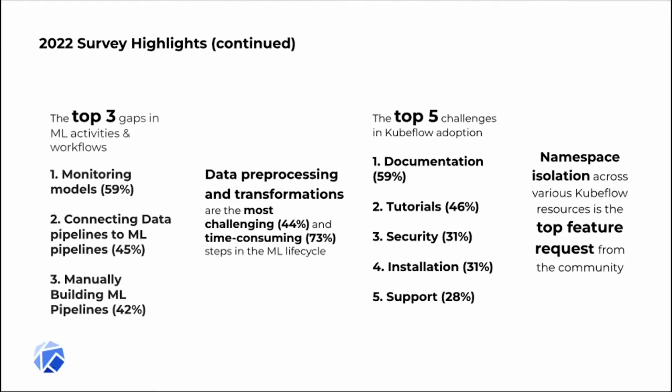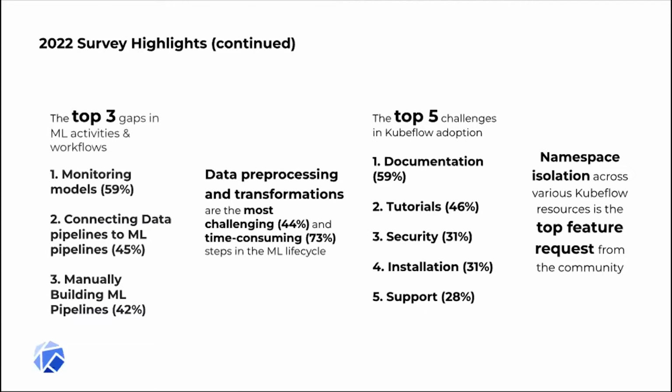When it comes to gaps in machine learning activities and workflows, the top 3 gaps are monitoring models, connecting data pipelines to machine learning pipelines, and manually building machine learning pipelines. And data pre-processing and transformation are the most challenging and time-consuming.